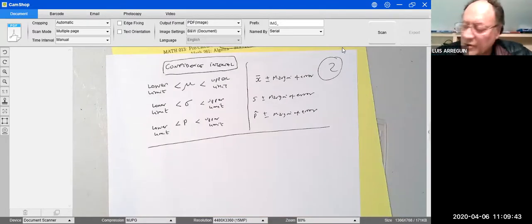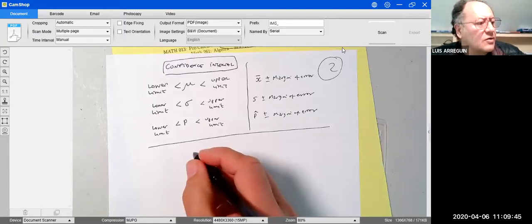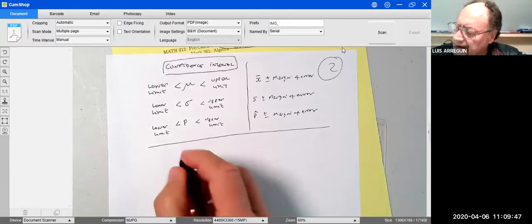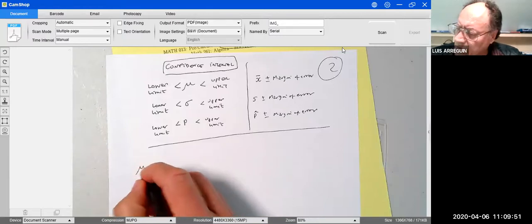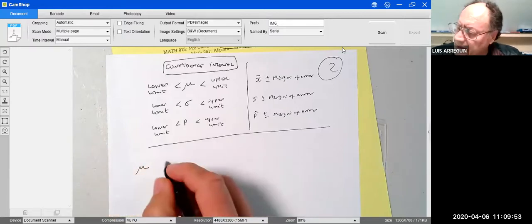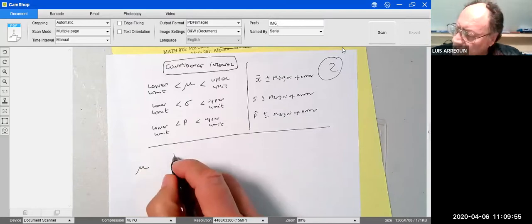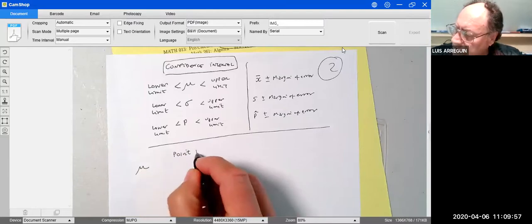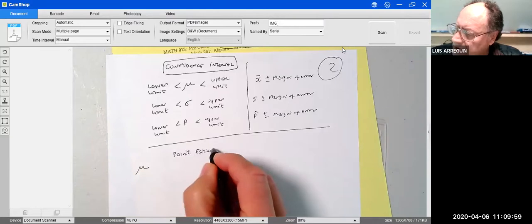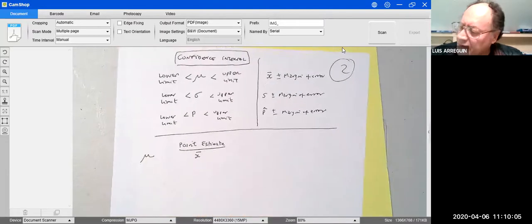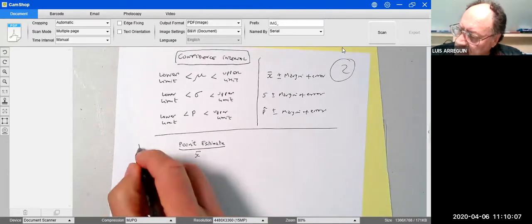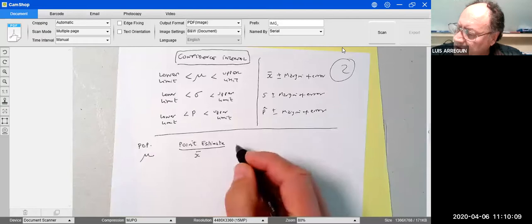Okay, so I'm going to summarize here what we're going to do in this chapter. If you are trying to learn about the mean, again, I'm going to emphasize this, I'm telling you this many times, the point estimate is the mean of the sample for the mean of the population. This is the parameter for the population that we are trying to find.